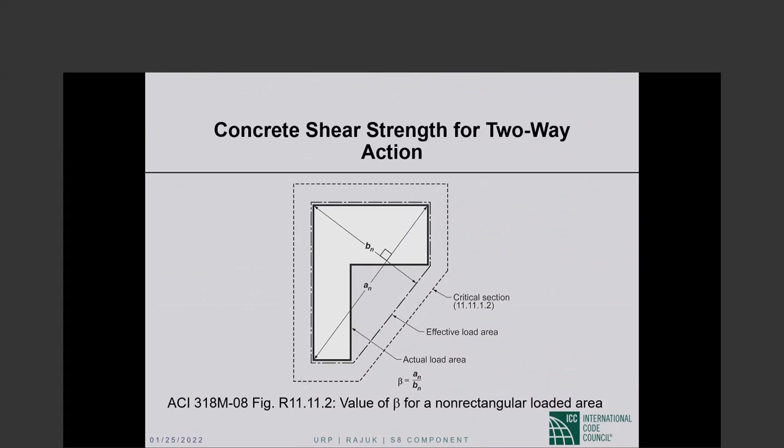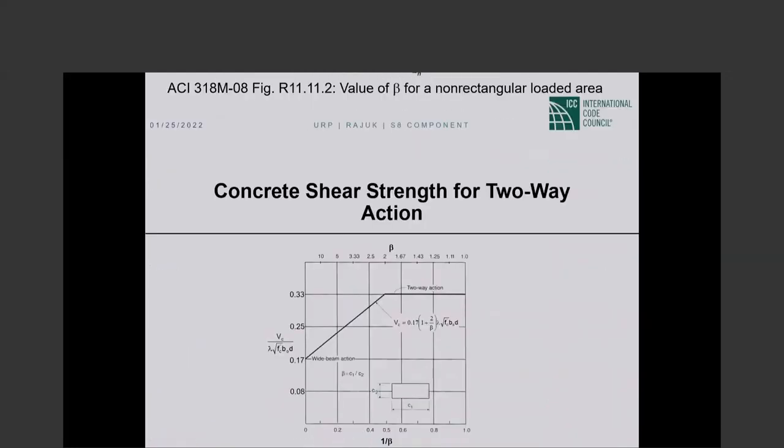But if you have a column of this kind of a shape, then the long side to short side ratio is not simple. Anyway, this picture gives you an idea as to how to figure out the long to short side ratio for column shapes that are not all that terribly conventional.